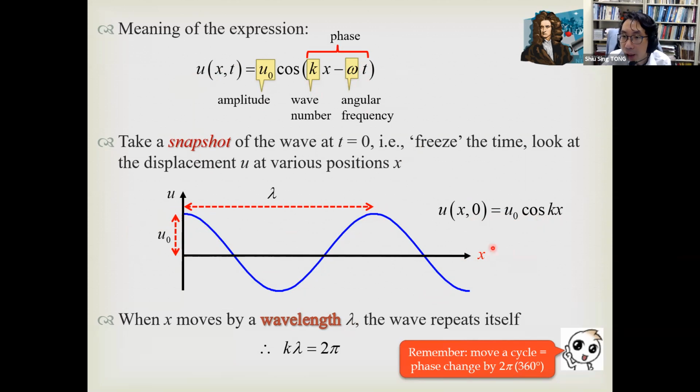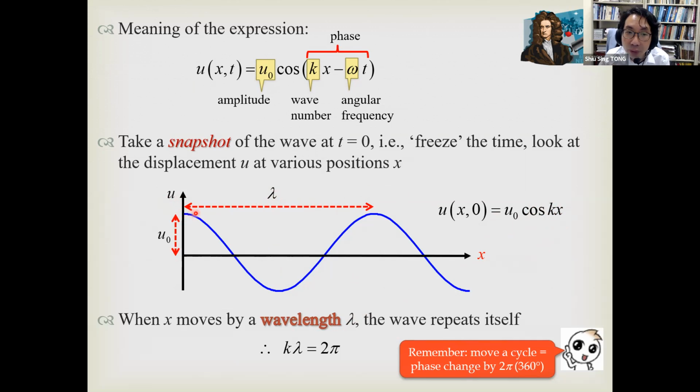Now we can find the relation between k and lambda. Because the wave repeats itself over a length equal to the wavelength lambda, when x changes from 0 to lambda, the argument of the cosine will change by 2 pi, because 2 pi is the period of the cosine function.